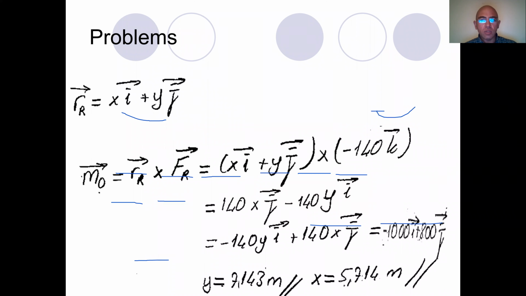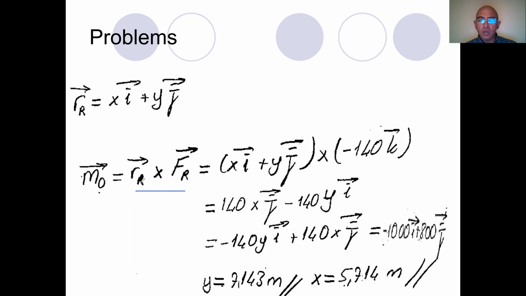Next thing is to calculate its position. Certainly it is rather straightforward. Let's write the position of the resultant vector by means of its coordinates. In fact, it is xi plus yj vector. So what I need to do is to multiply the position vector with the resultant force vector by means of vector product.